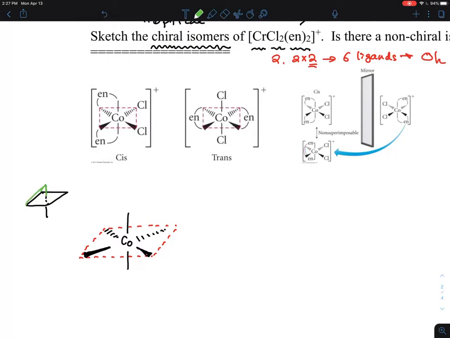If I draw the top, this is like a pyramid with 4 sides, and this is the other one, another 4 sides. So it's 8 sides. That's why it's called octahedral.